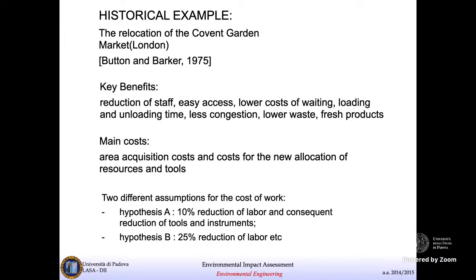The problem was that of relocating the Covent Garden market in London. So we had the problem of evaluating whether it was convenient or not to relocate the Covent Garden market.